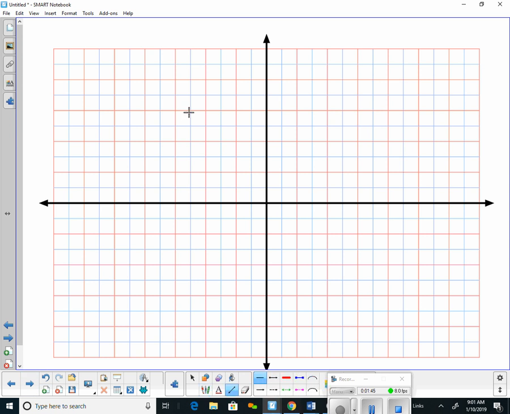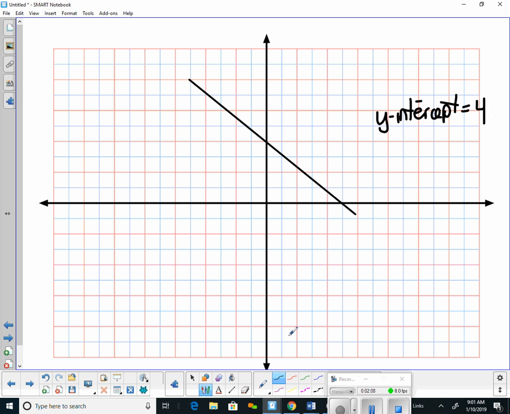Let's say I just plug in a line here. Okay, let's just say we have this line. My y-intercept for this problem, if I'm just looking at it, is where this line crosses the y-axis. So it crossed it at positive 4. So your y-intercept here is positive 4.